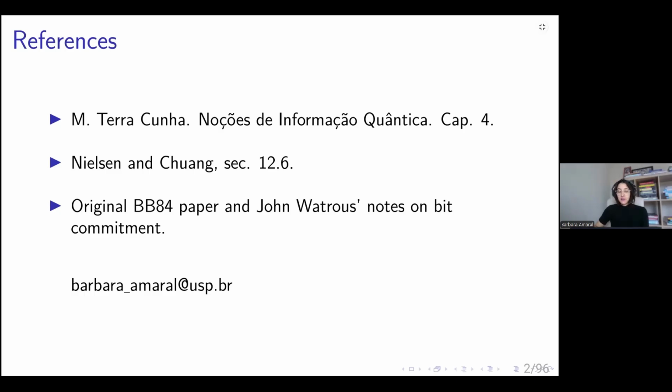This is a very beautiful and simple paper, and it's one of the most important papers and most important results in the history of the field. So it's a good paper to read, not just because of its importance, but it's also nice reading it. And also some notes on another cryptography protocol that's called bit commitment. I'll share this with you later.